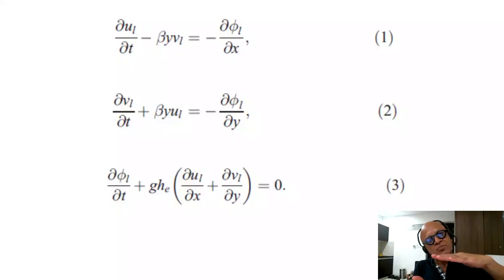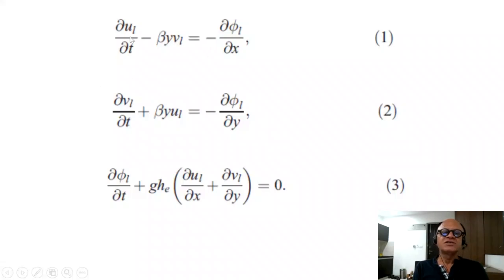So water means it's an incompressible fluid, so the horizontal length scale is much larger than the vertical scale. Using those equations and assuming that the Coriolis effect is a function of latitude in a linear sense, so beta times y is used, these are called the beta plane equations.